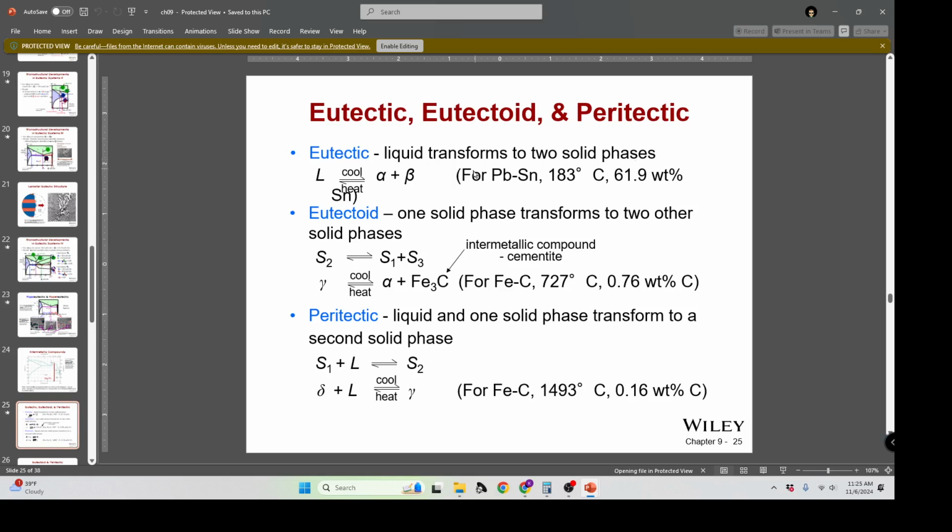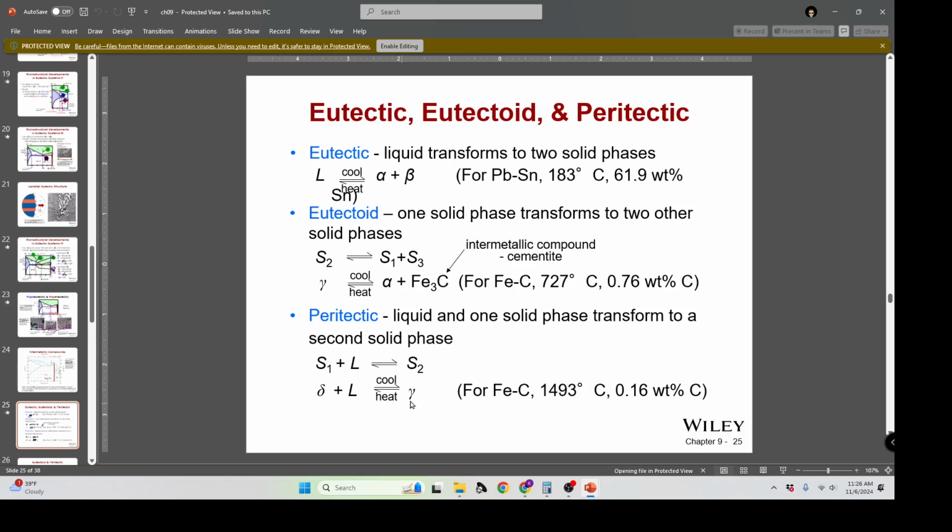Liquid transformation to two solid phases is eutectic. One solid phase transforming to two solid phases is eutectoid. So eutectic is liquid to two solids. Eutectoid is one solid to two solids. Peritectic is liquid and one solid to a second solid phase.